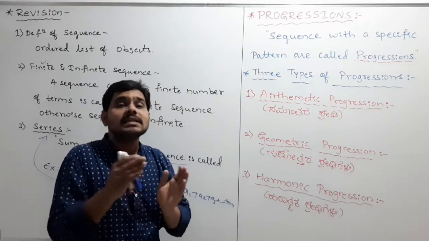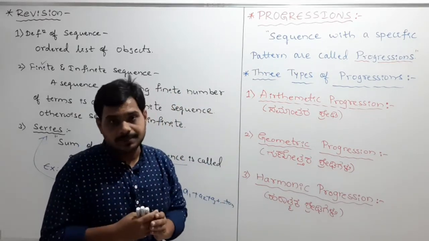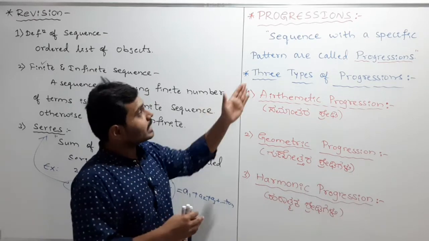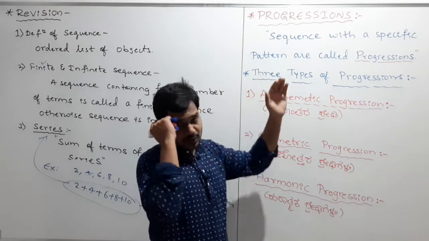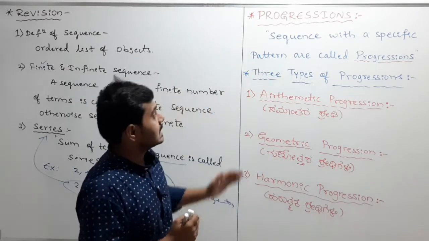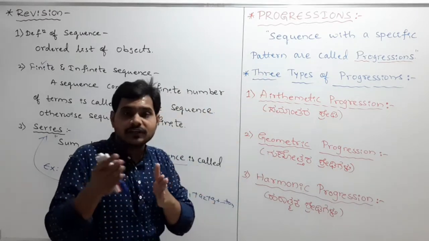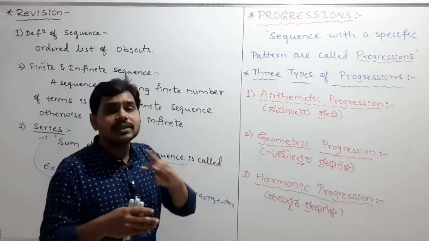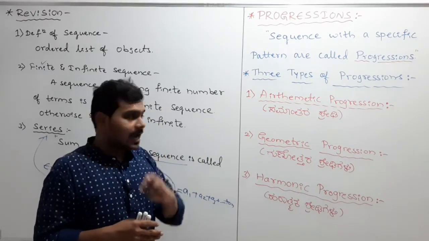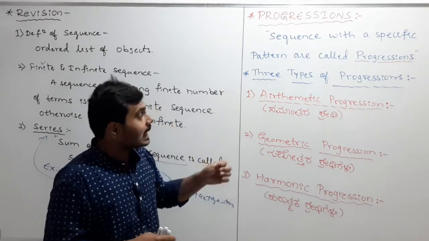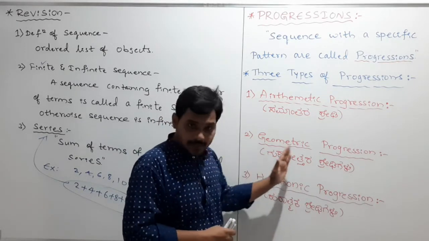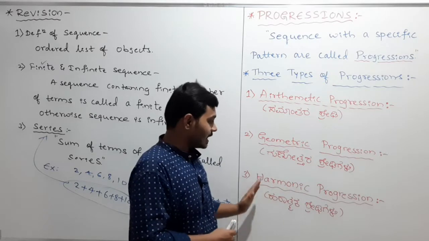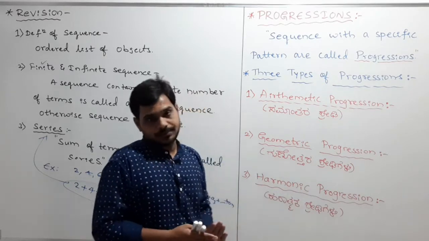It is a sequence, but with a specific pattern, so we call it a progression. Now we will discuss the three types of progressions. The first is arithmetic progression, the second is geometric progression, and the third is harmonic progression. Am I clear?